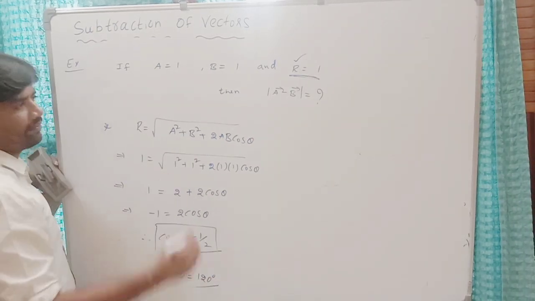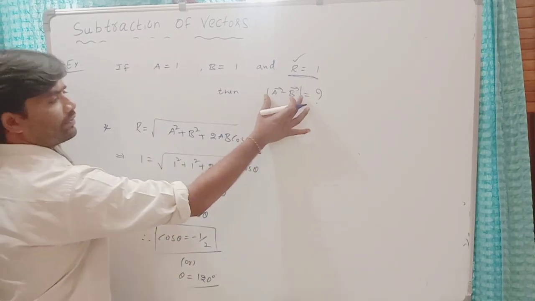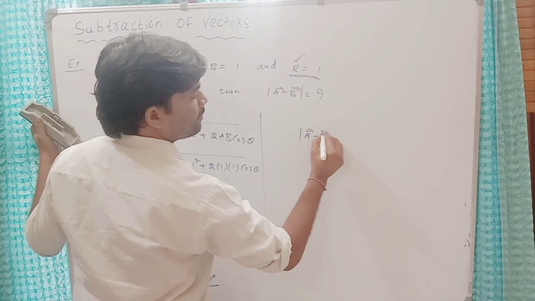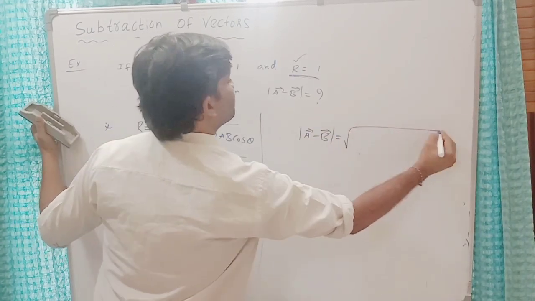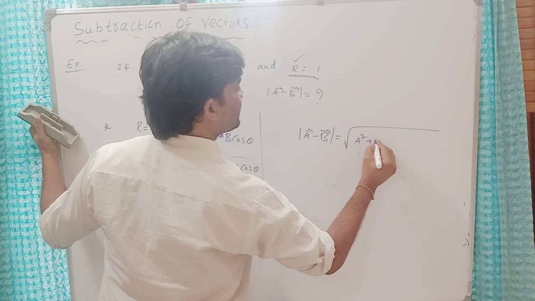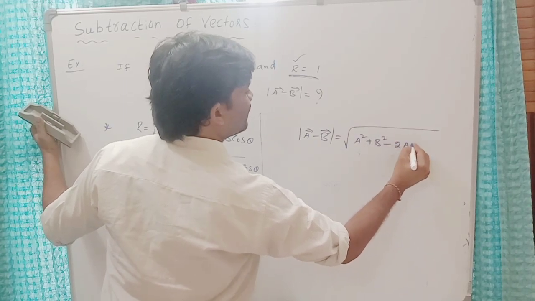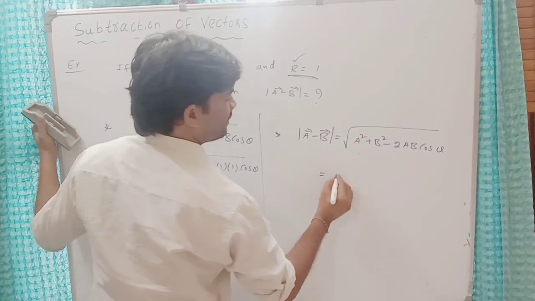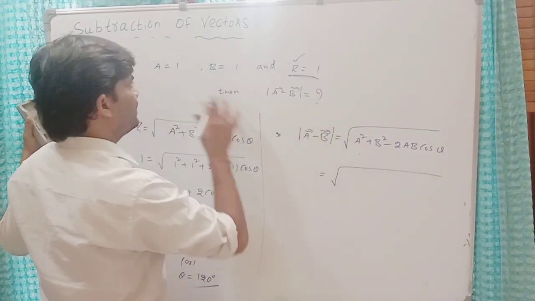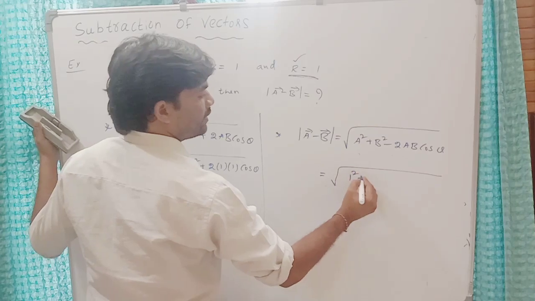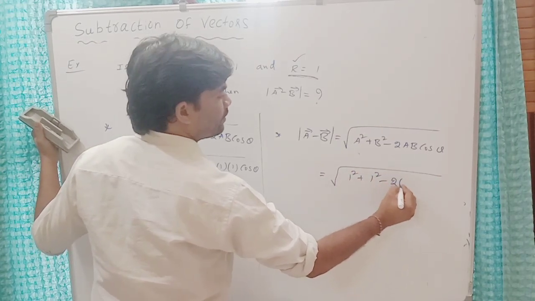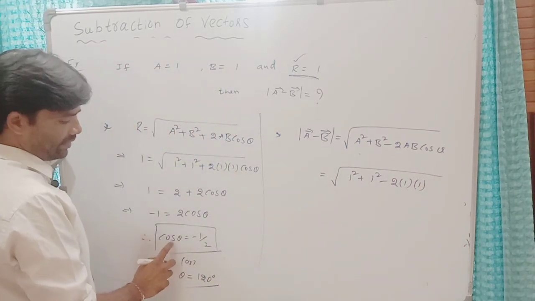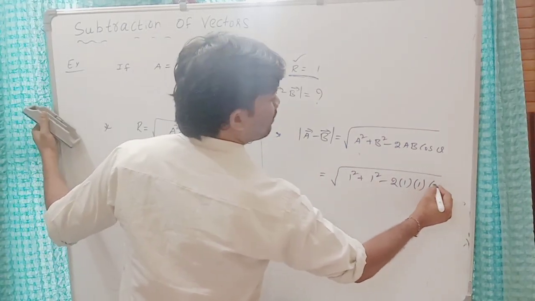The negative means it is in the second quadrant, theta is 120 degrees. But what is required is the magnitude of the difference of the two vectors. The formula for this is the root of A square plus B square minus 2AB cos theta. What is A? 1, B also 1, 2, A 1, B 1, cos theta, which we got as minus 1 by 2.